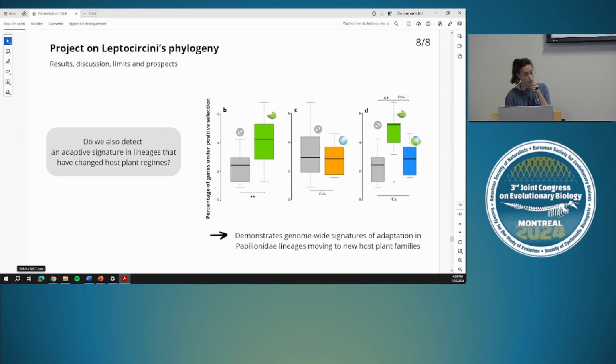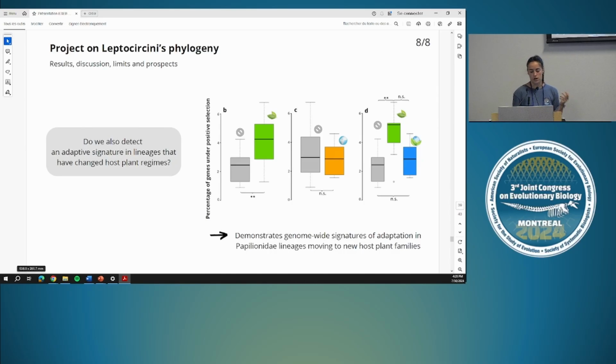Our first results were to investigate if we were also detecting adaptive signatures in lineages that had changed host plant regime.